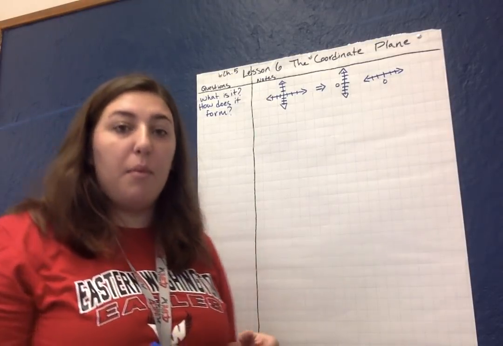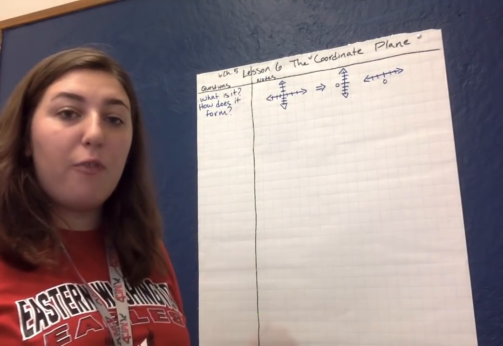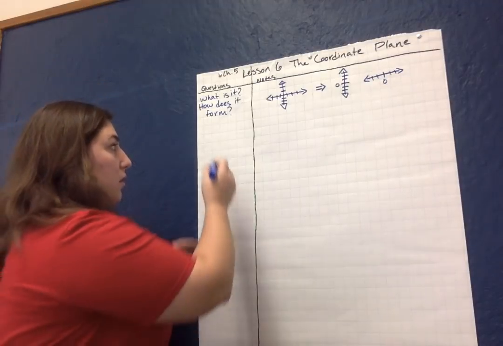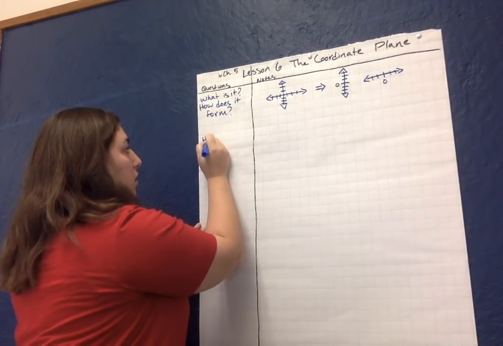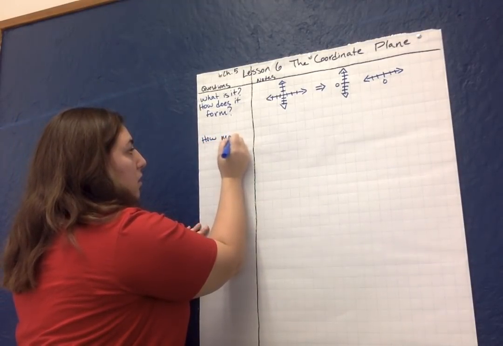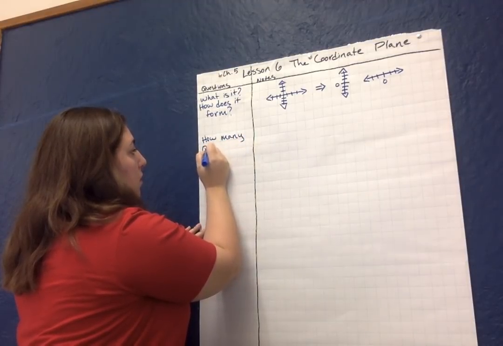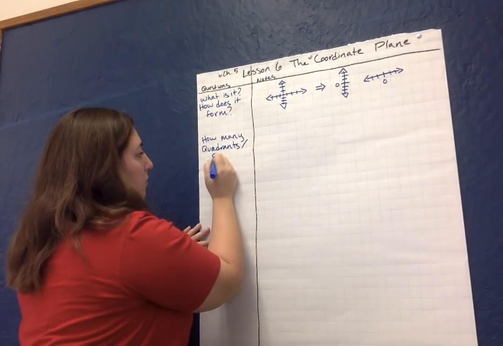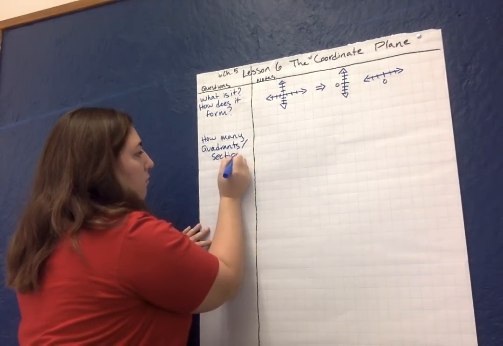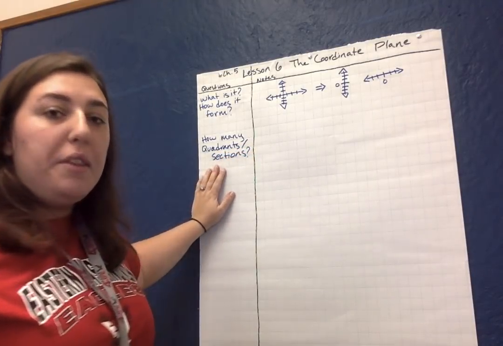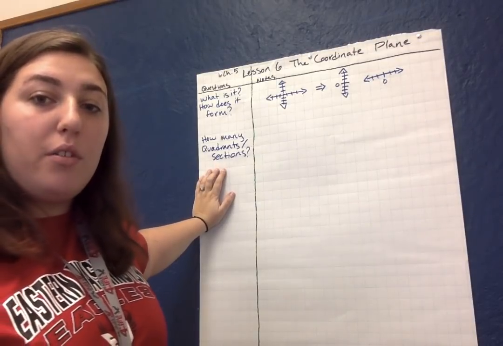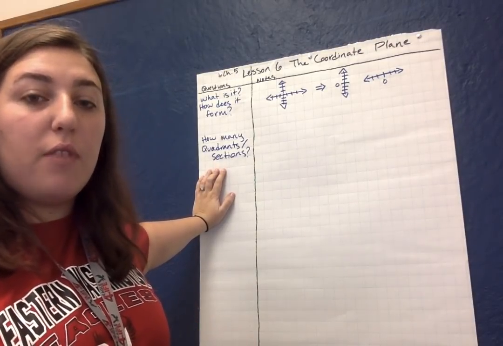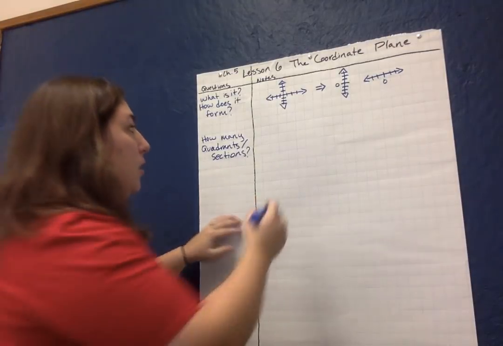Alright, so in the coordinate plane, there are 4 different quadrants. So on this side, I wrote how many quadrants or sections. You can think of the quadrants as sections.